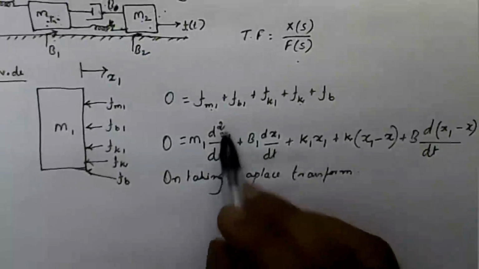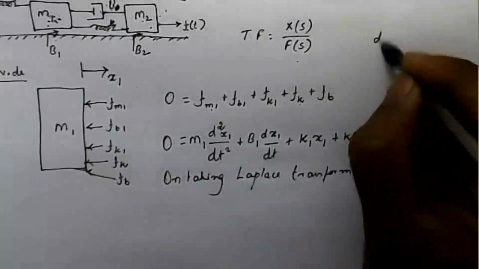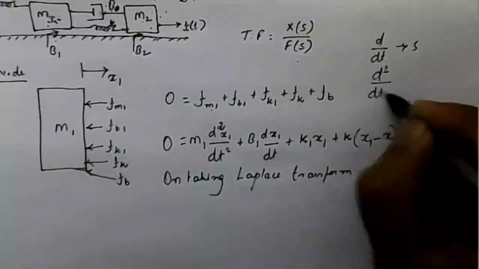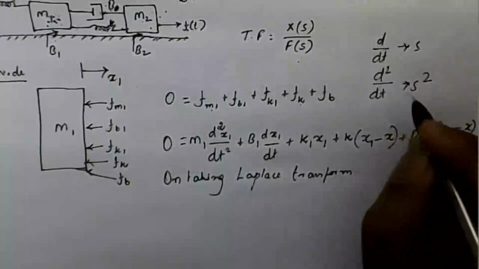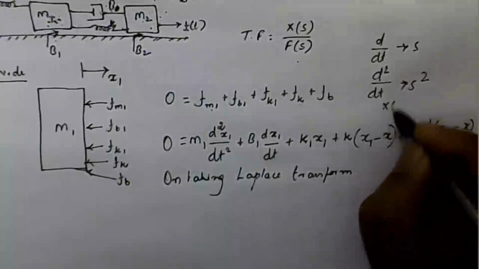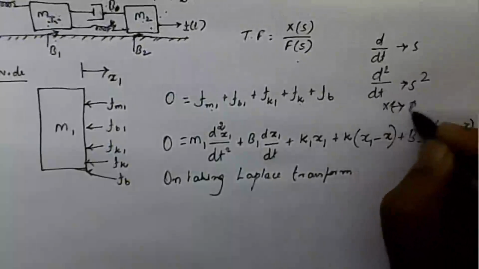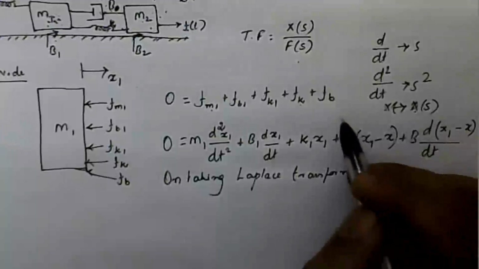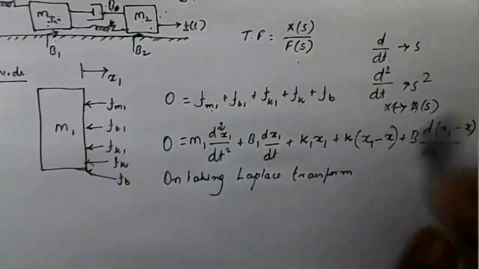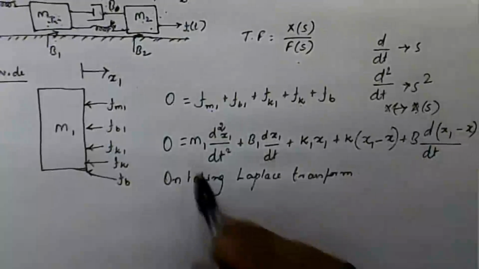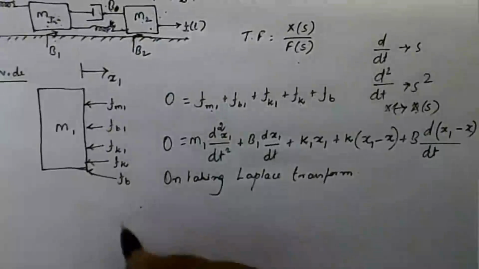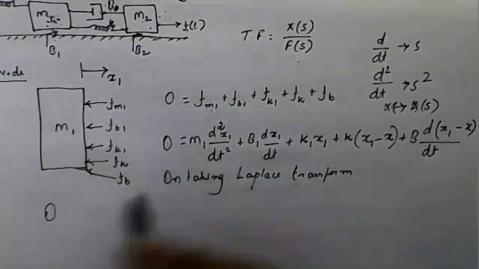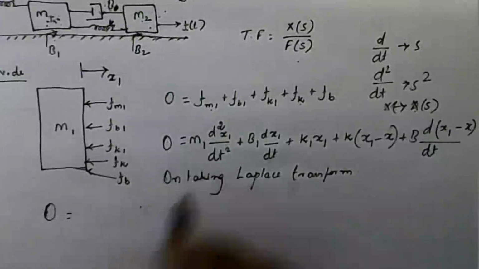The Laplace transform is very simple. d by dt becomes s, d squared by dt squared becomes s squared, x becomes X(s), x1 becomes X1(s), and f becomes F(s). On the left side, the Laplace transform of 0 is also 0.